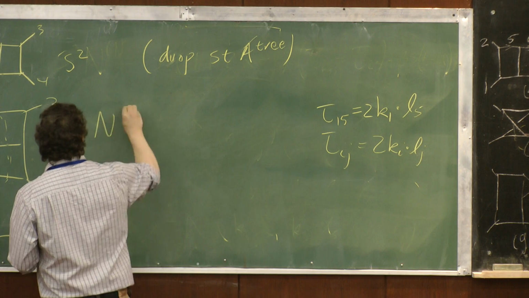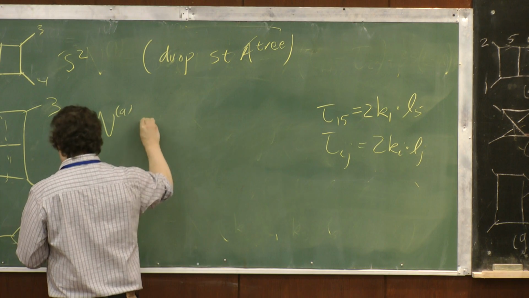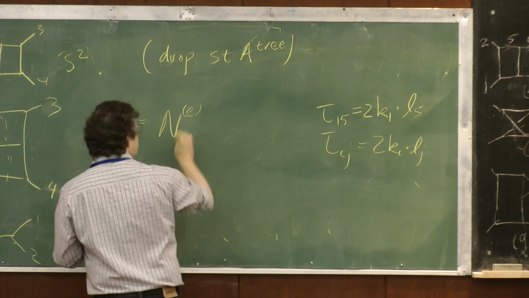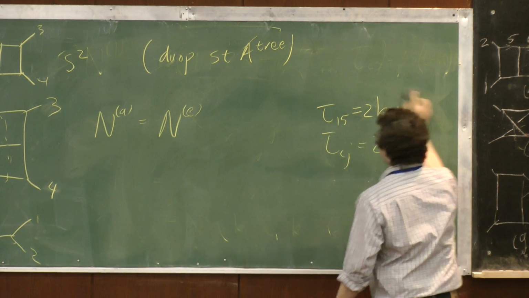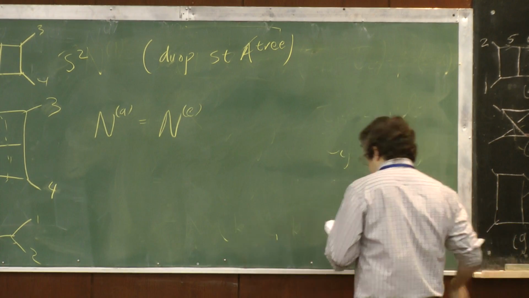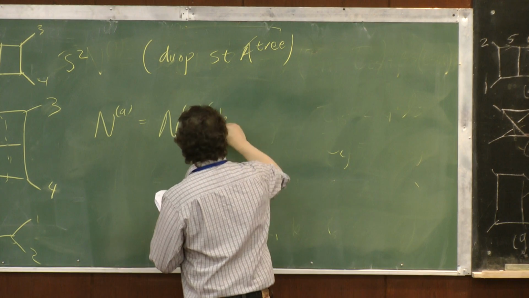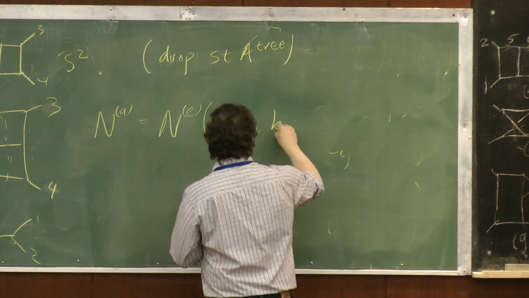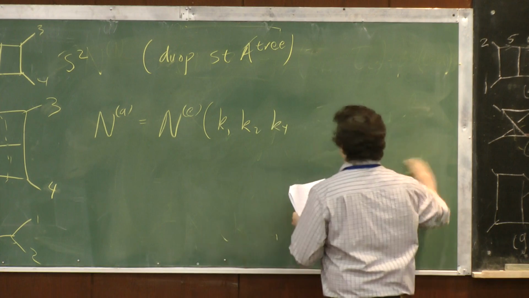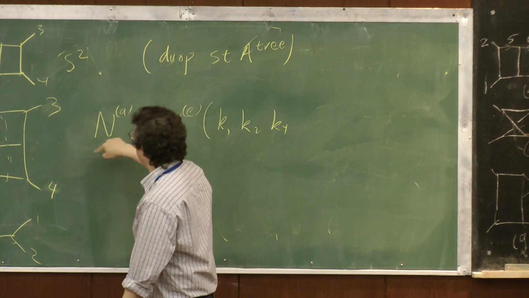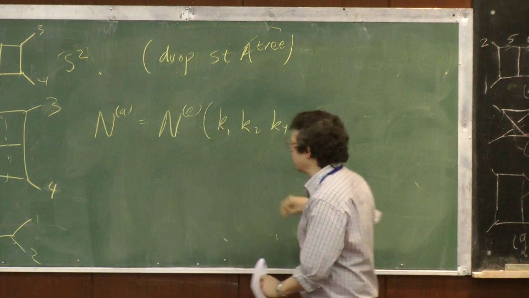So NA, if you plug in, this is straight from the duality, you'll get something like NE with K1, K2, K4, and this has the canonical ordering, 1, 2, 3, 4, and then 5, 6, 7.